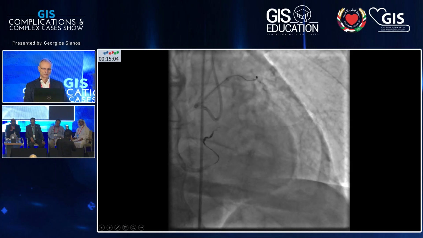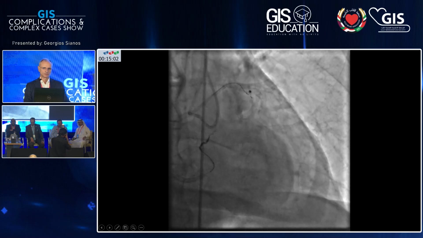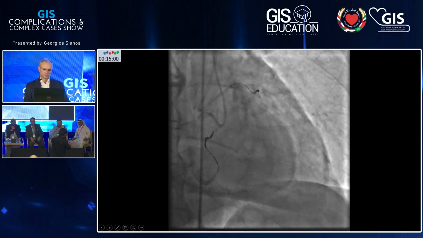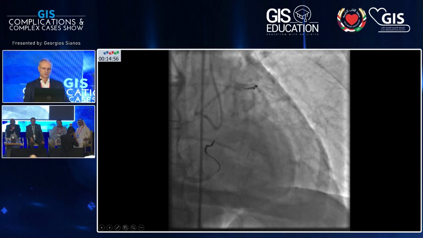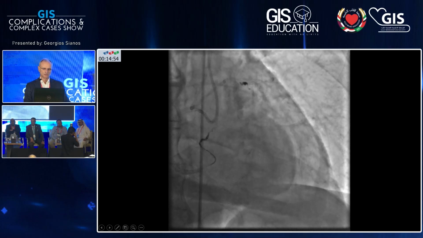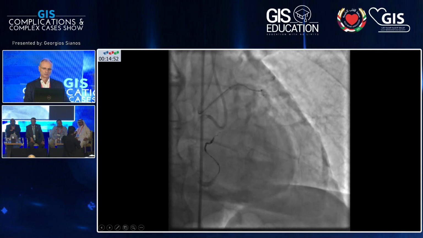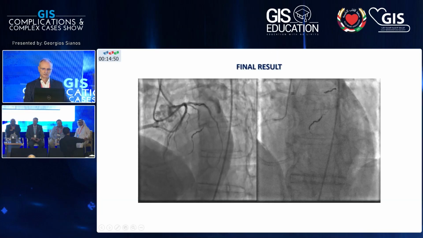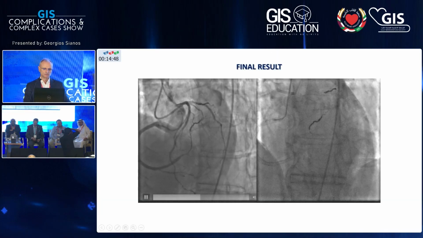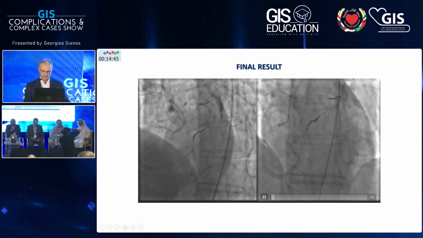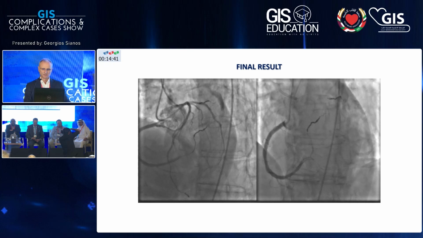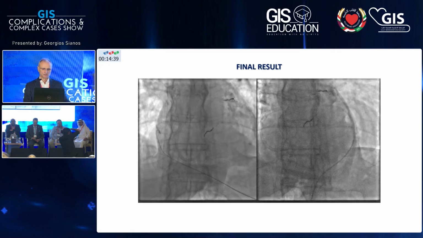Of course, it is absolutely necessary to isolate the perforation site from both entry points of this collateral, both from the left and the right side. So another coil of the same type was again placed. And you see that after that, the flow and the tension within the perforated site has been reducing over time.